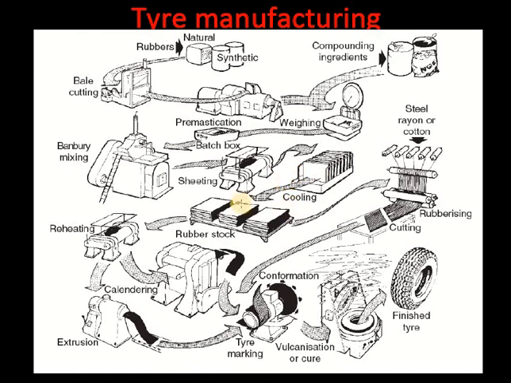After cooling, the stock goes with the steel, rayon or the cotton, added with the repressing and cutting. Similarly with the reheating and calendaring. And with the type of tire, radial, bias, or belted, we can assemble, and conformation and extrusion are done, and tire marking is done, and vulcanization, that is curing, and finally we get the finished tire.